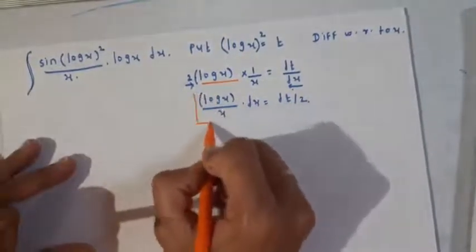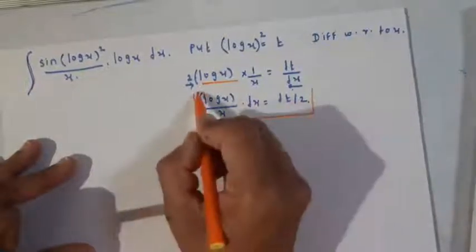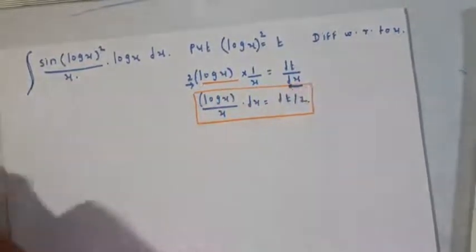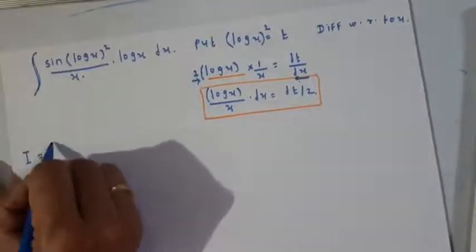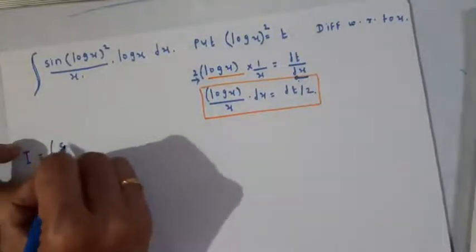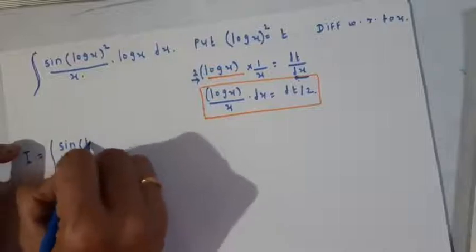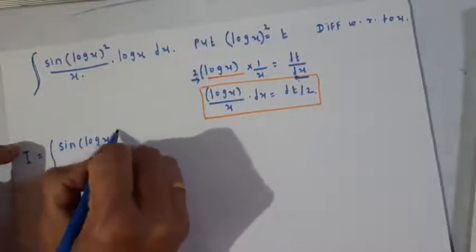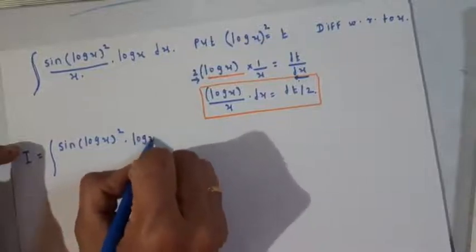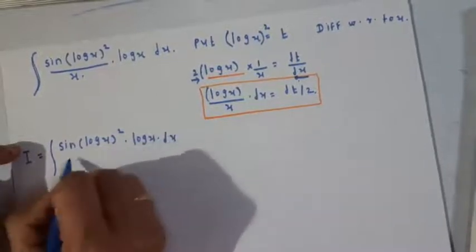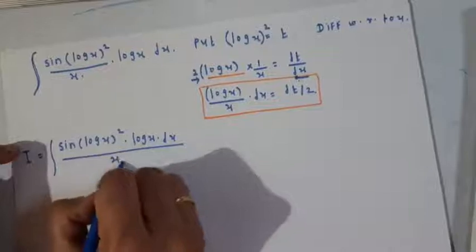Okay students, so by using this substitution we can solve the problem. Now the integration, that is integration of sin of log of x whole square into log of x dx upon x.